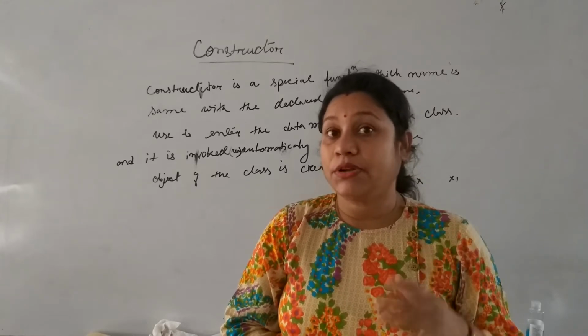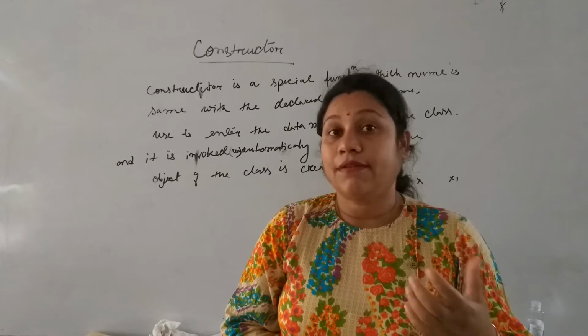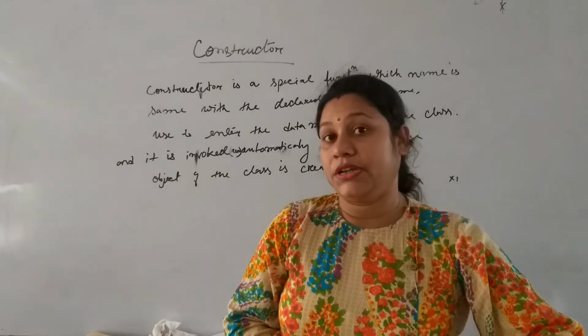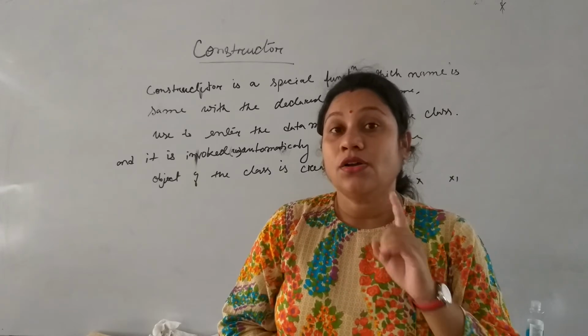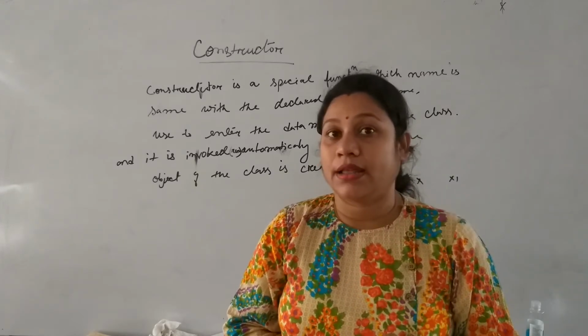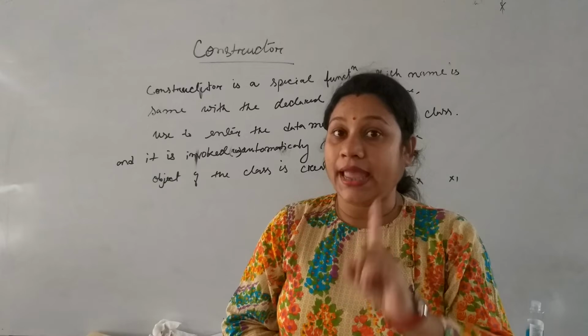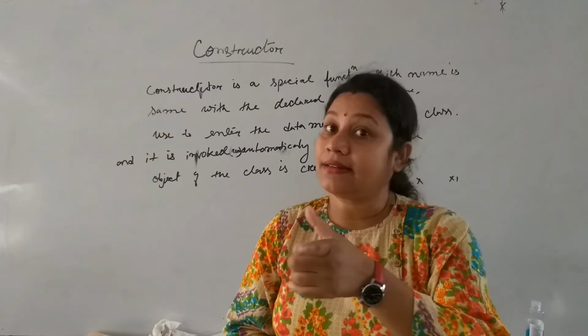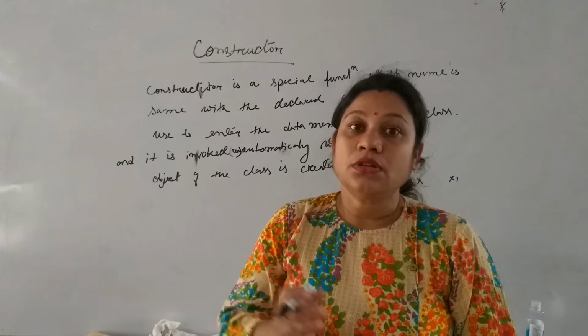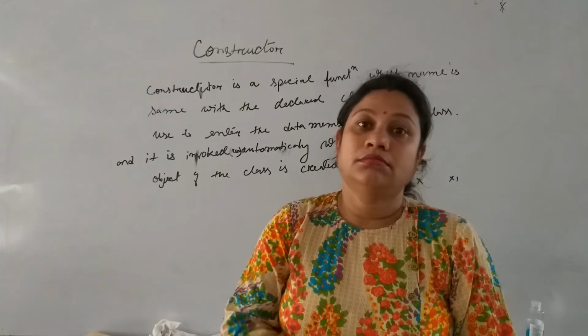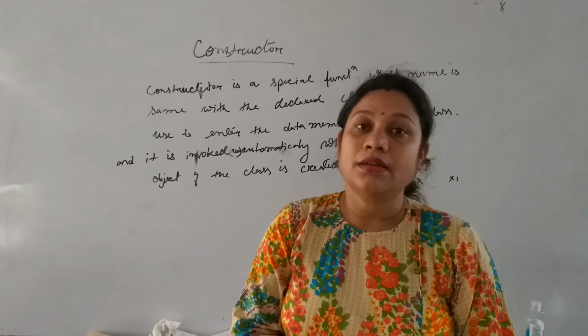So that is the body of take data. After writing the body of take data, in the main function, the programmer declared one object, that is student S1. Now the object S1 must access the take data function to enter the data values of that particular class.